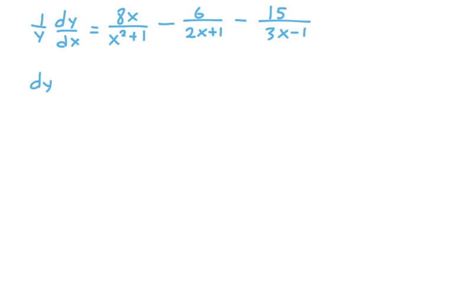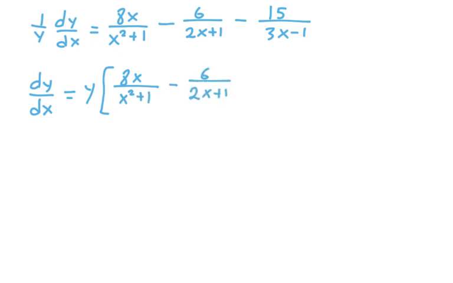So dy dx, multiplying both sides by y, is y times 8x over (x squared plus 1) minus 6 over (2x plus 1) minus 15 over (3x minus 1).